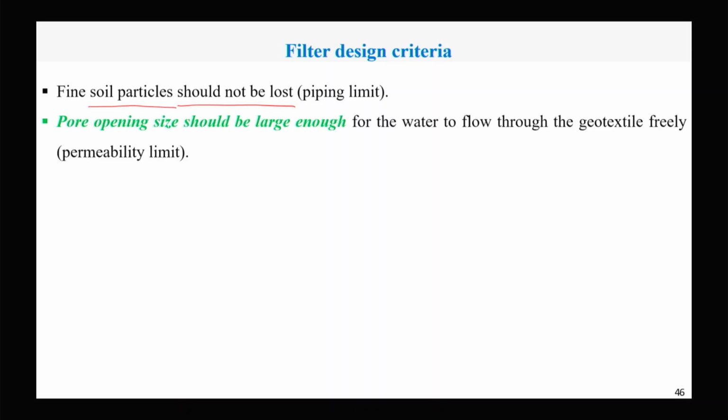Now the filter design criteria: the main criterion is that the fine soil particles should not be lost. That is the first criterion. And the pore size should be large enough for water to flow through the geotextile freely. That's important. Let us consider one geotextile, with only one pore.